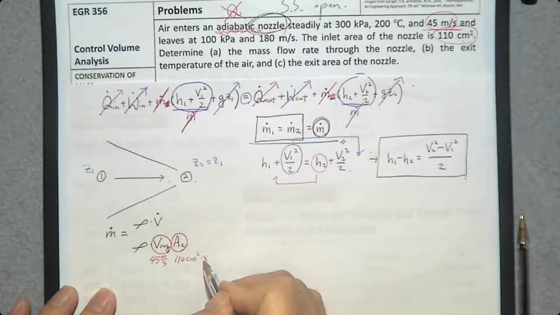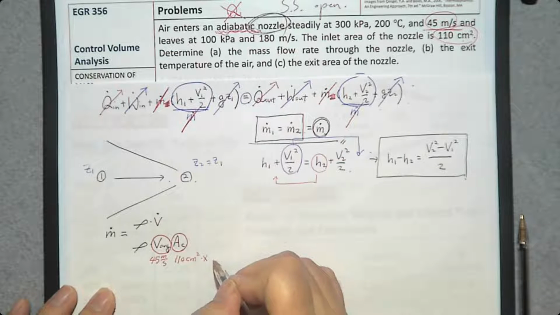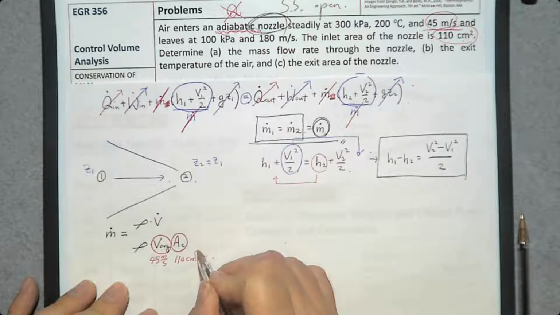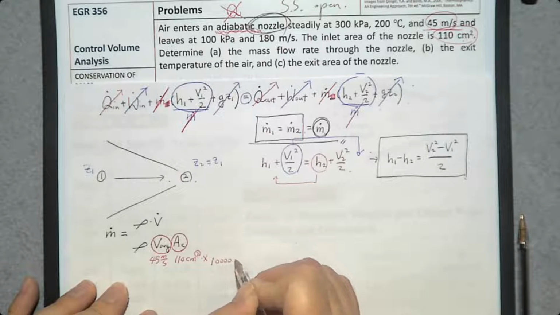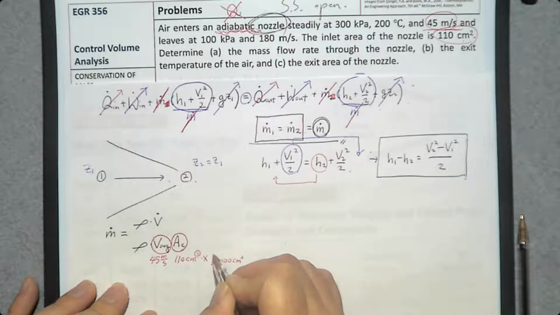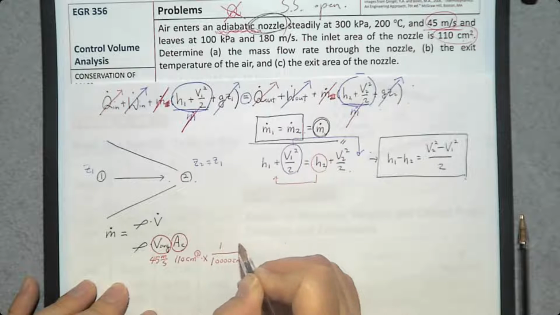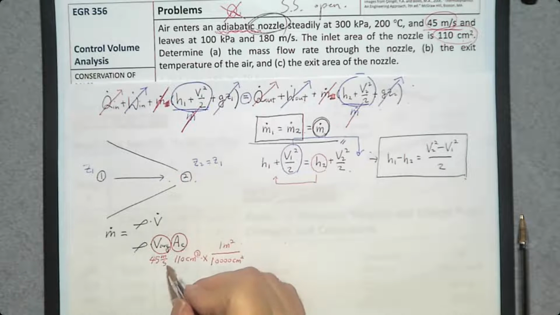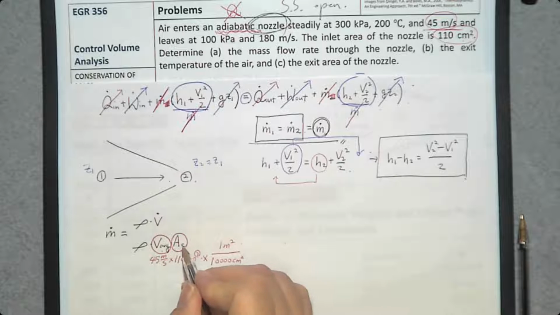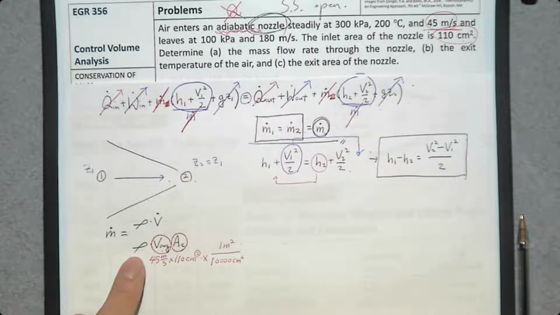We want meters. So 100 centimeters is 1 meter. So we have a square here. 10,000 centimeters squared is 1 square meter. So that's how we can determine velocity and the cross-sectional area. But we do not know the density.